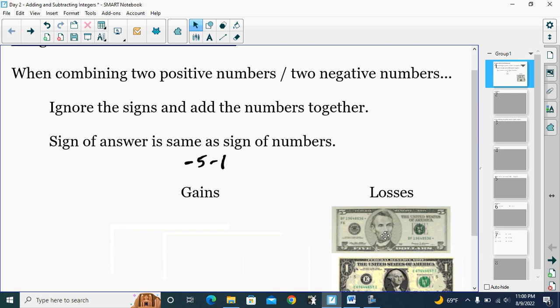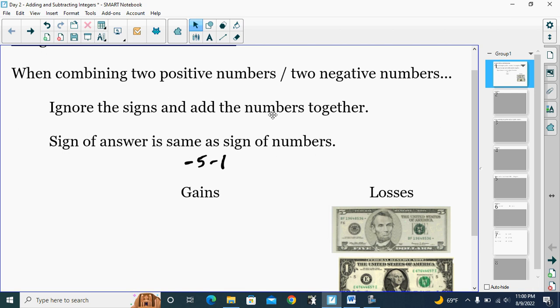Well, these are both losses, right? So because they're both losses, even though they're both negative here, even though it says minus, because they're both losses, I need to add them because I'm trying to figure out what my total loss is. So we ignore the signs. So I don't worry about the minuses. They're both minus.